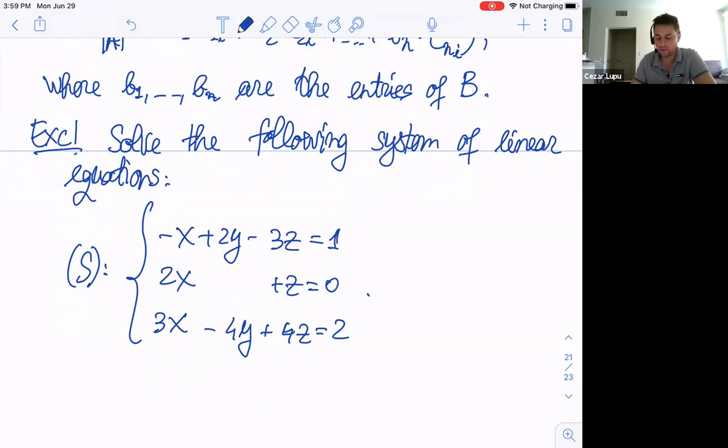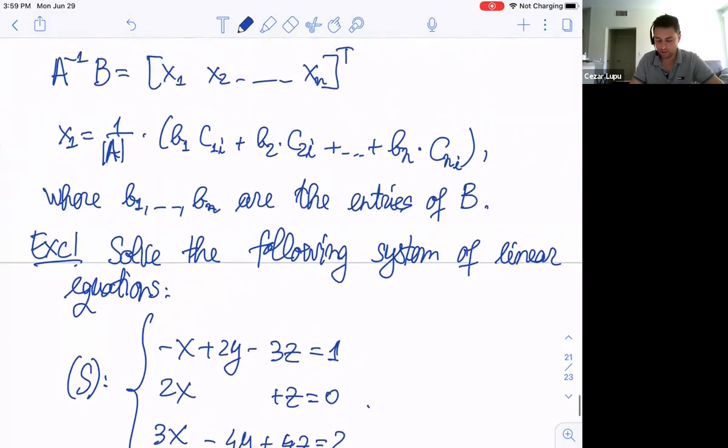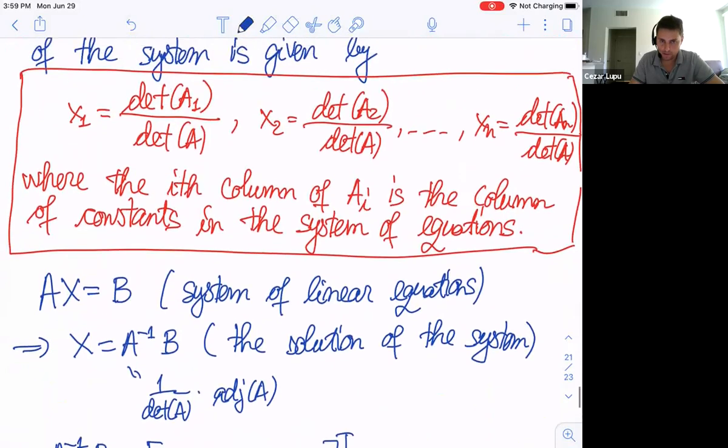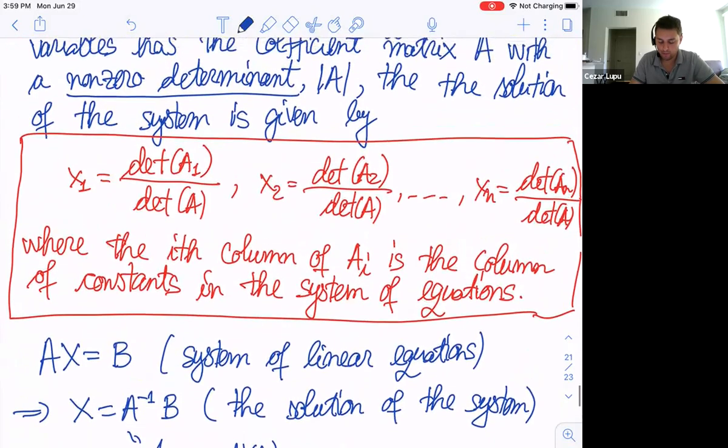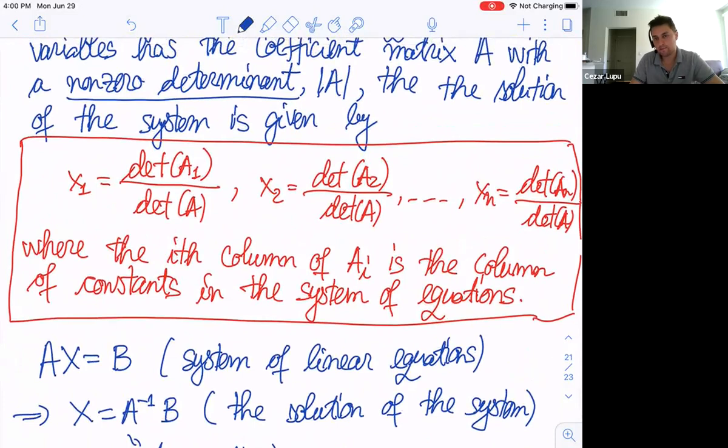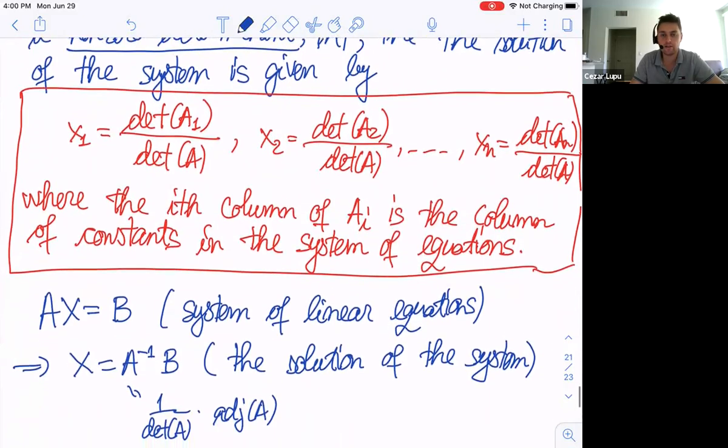So the first thing before I even apply Cramer's rule, if you look at the formula, x1 is the determinant of A1 over the determinant of A. So before I go on, I need to make sure that the determinant of A is non-zero.